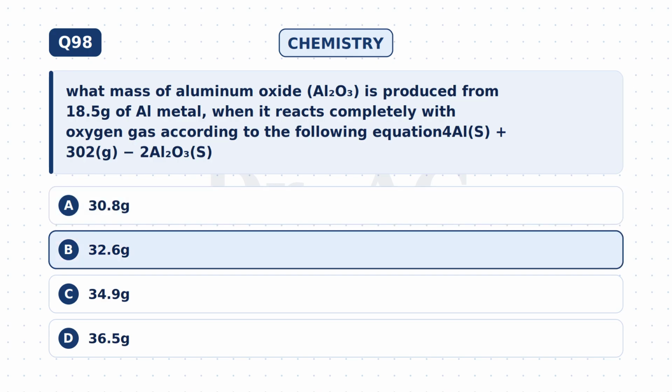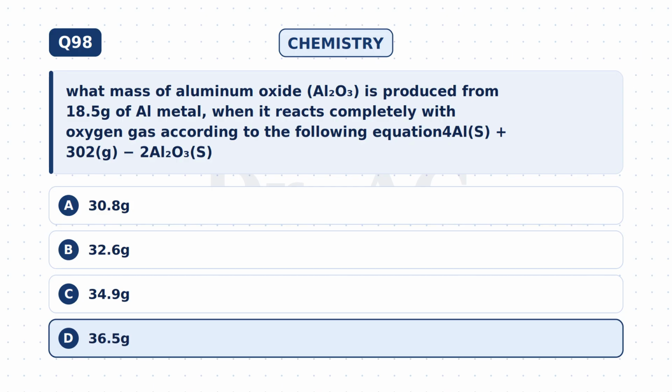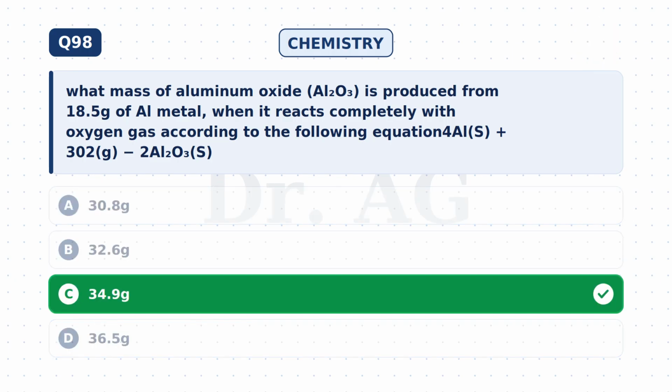Option B, 32.6 g. Option C, 34.9 g. Option D, 36.5 g. The correct answer is C, 34.9 g.